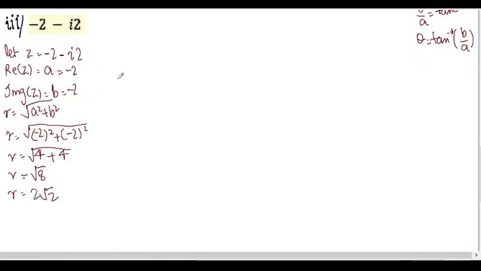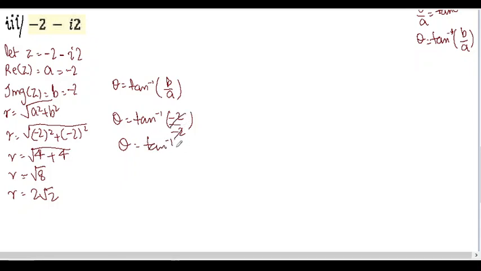Now theta equals tan inverse b by a, where b is minus 2 and a is also minus 2. So theta equals tan inverse of minus 2 by minus 2, these cancel and we get 1. Theta equals tan inverse of 1, which gives us pi by 4.